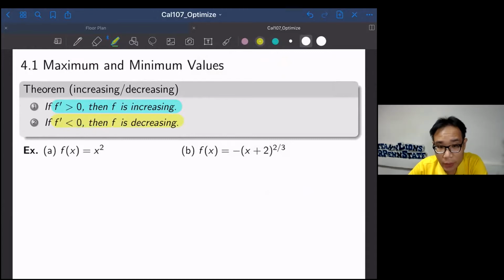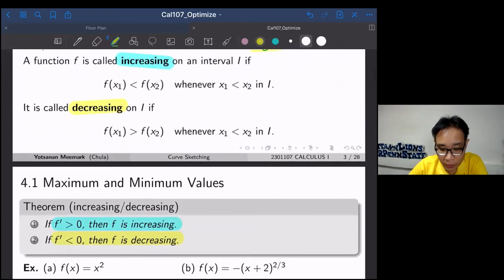So we will have two conclusions. If the derivative of f is positive, then you have an increasing function. And if the derivative of f is negative, which means the slope is negative, it turns out to be decreasing.